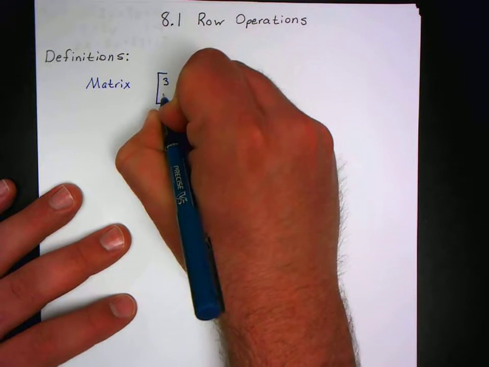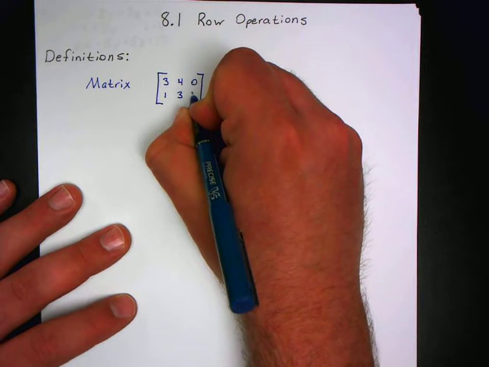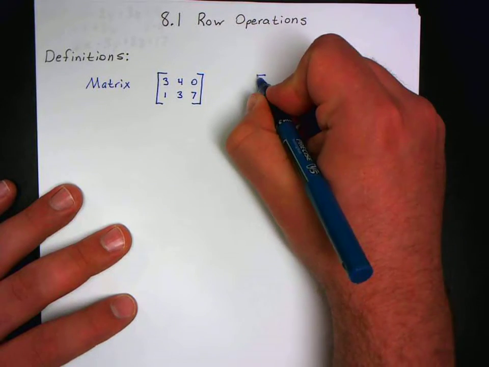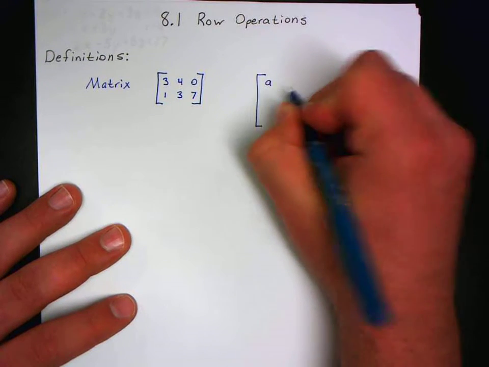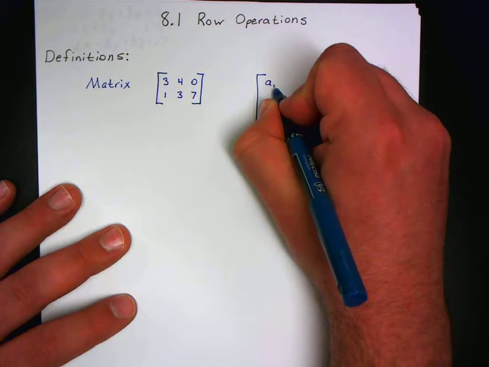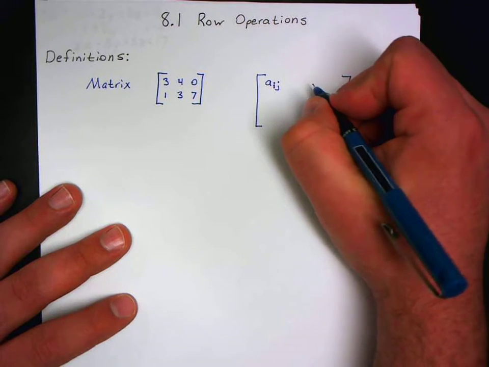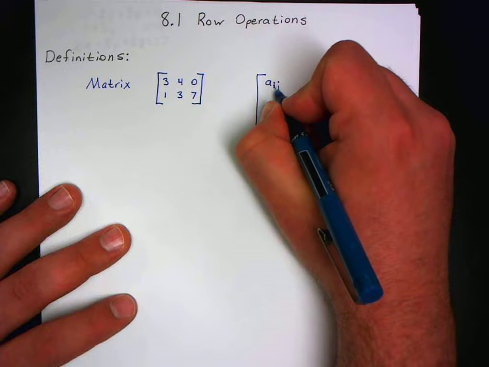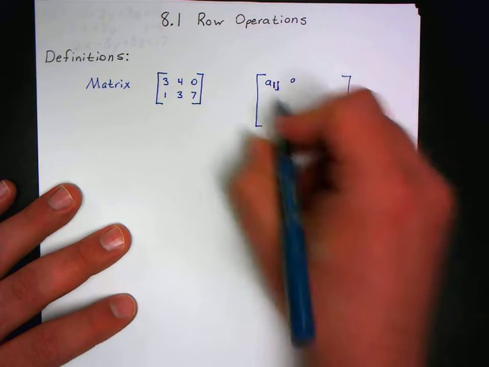Just to start defining it, I'm going to do this. But usually whenever we define a matrix, we start defining it like this. Oh, that should be 1, 1. Okay, so I messed that one up.